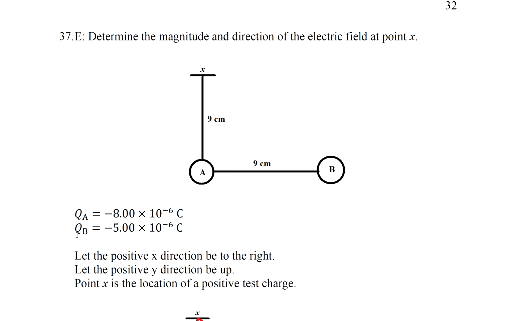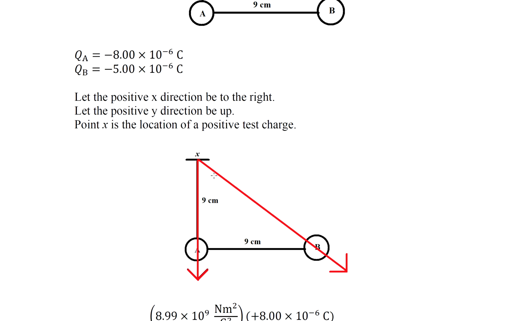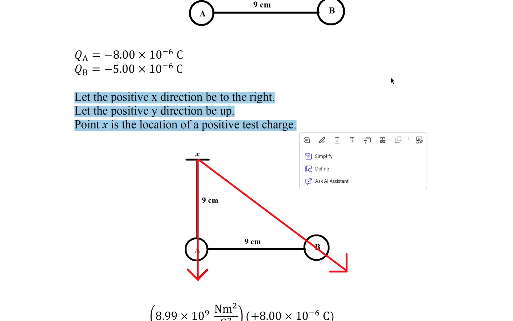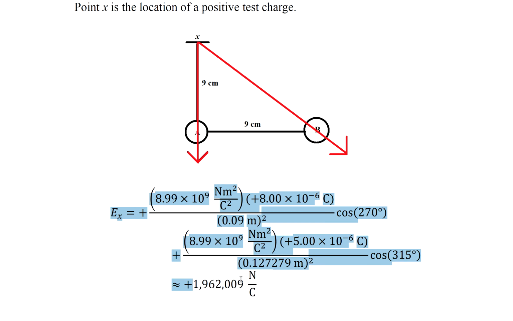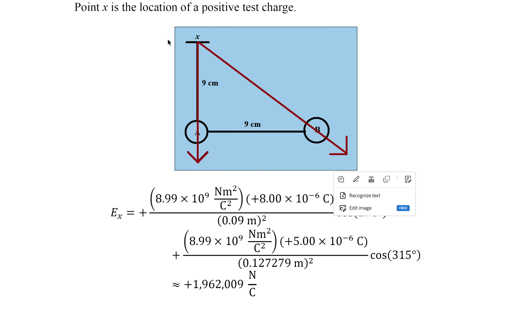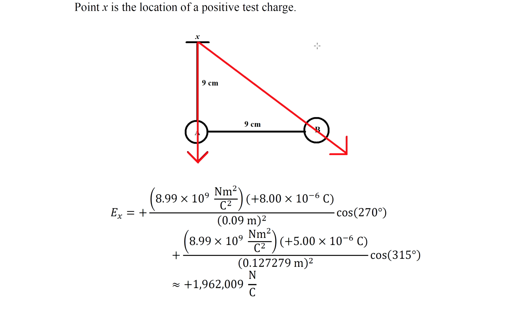So E gives us the magnitude, theta gives us the direction. Question 37, determine the magnitude and direction of the electric field at point x. So Q sub A is negative, Q sub B is negative. So if there's a test charge at point x, Q sub A pulls it down, Q sub B pulls it southeast. So it's going to be like this, okay? So remember this. So E sub x is going to be this, because I'm saying theta equals 0 is in the east direction, and now we're going counterclockwise.